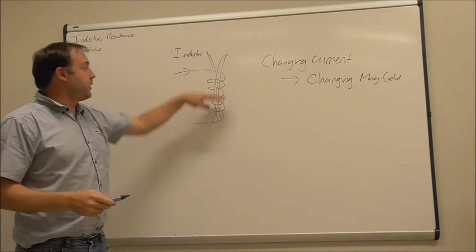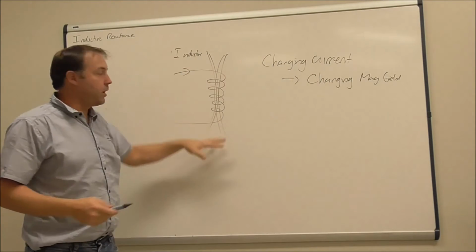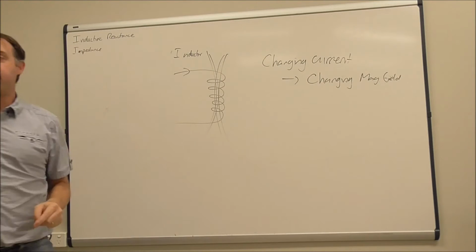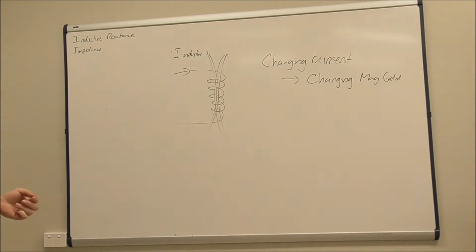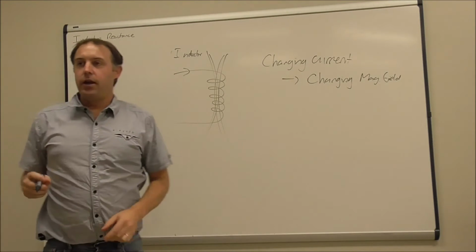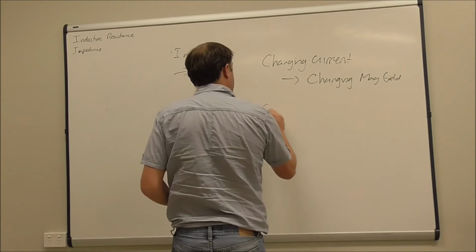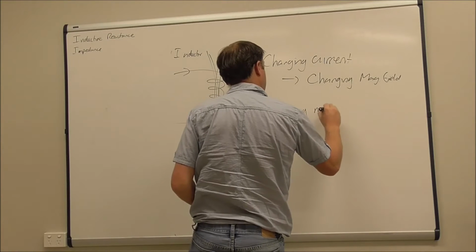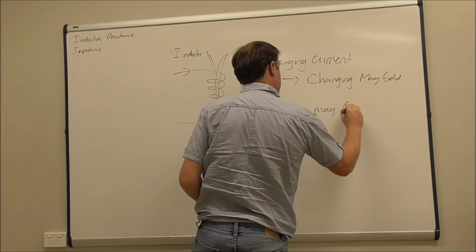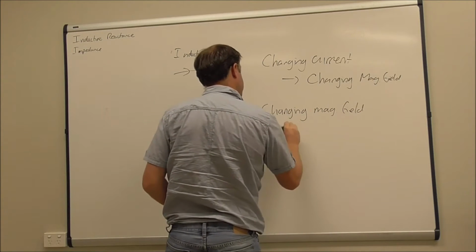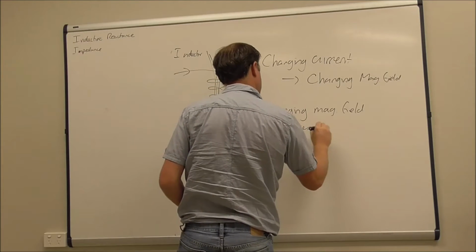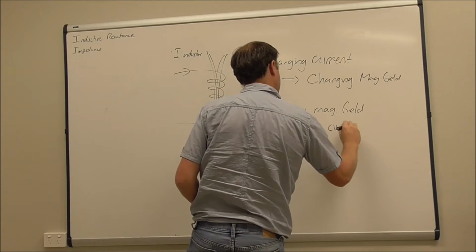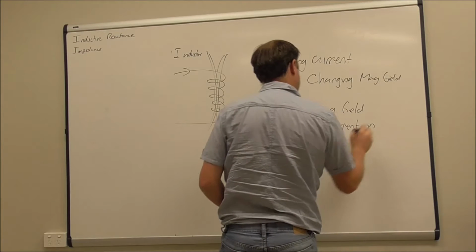If I have a current flowing through a coil, I get a magnetic field around it. If I change that current, I'm going to get a changing magnetic field. Incidentally, a changing magnetic field induces a current in a conductor near it.